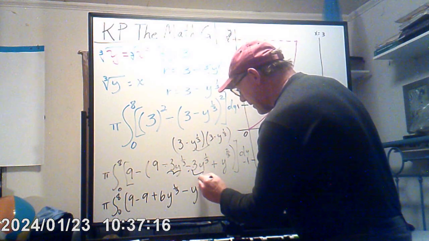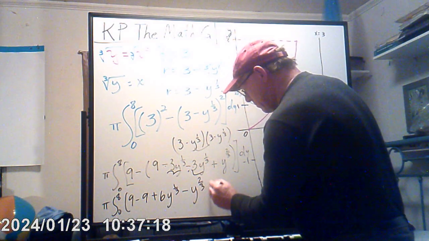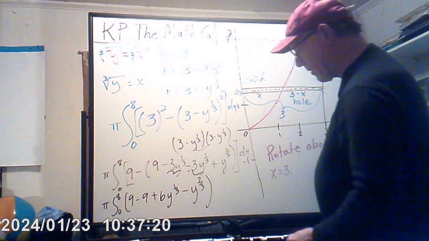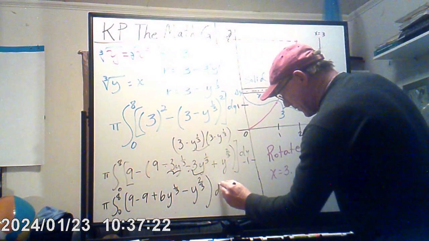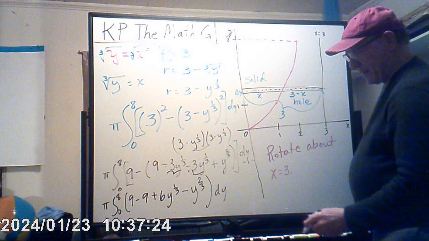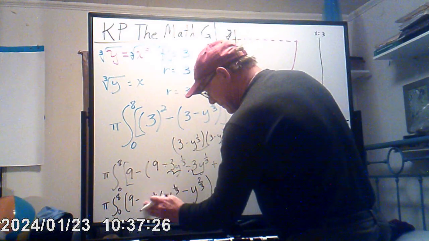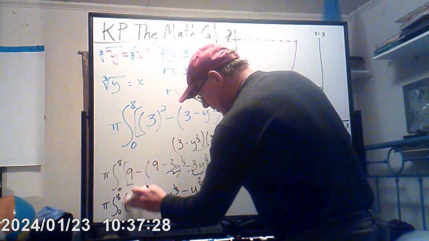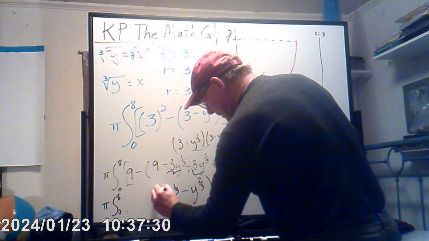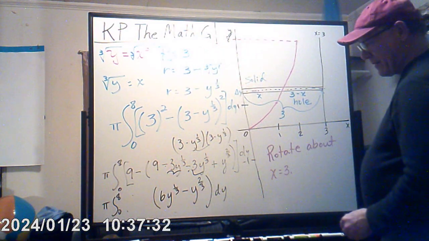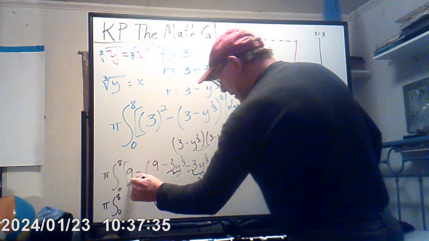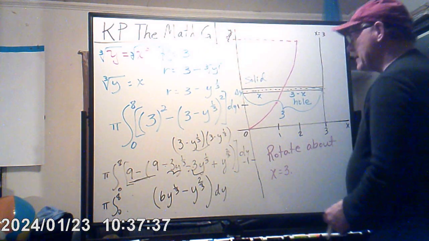Minus y. We do not, at this point, want to mess up with our signs here. 9 minus 9 is 0. So we're really left at this with this right here. Alright, I already knew that 9 minus 9 is 0.